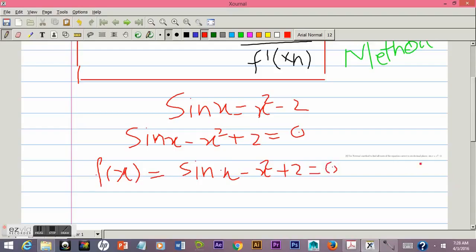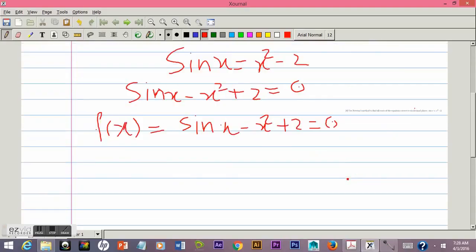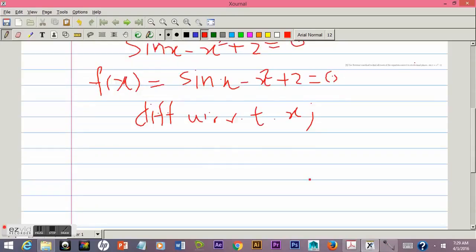Then we'll find the f dash x. Differentiate with respect to x. Then we get f dash x is equal to cos x minus 2x.